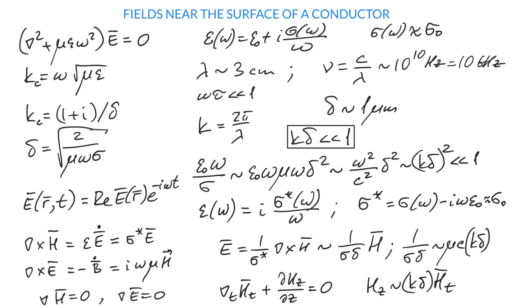So we find that the leading field near the surface of the conductor is the transverse component of the magnetic field, and then the electric field and the normal component of the magnetic field are small by the parameter kδ. So in the limit kδ goes to 0, the field will be dominated by the transverse H_t.